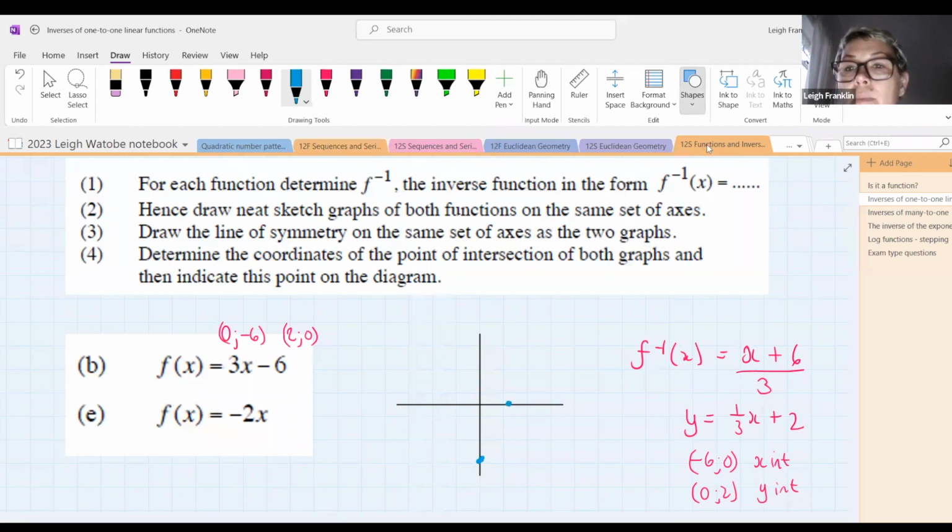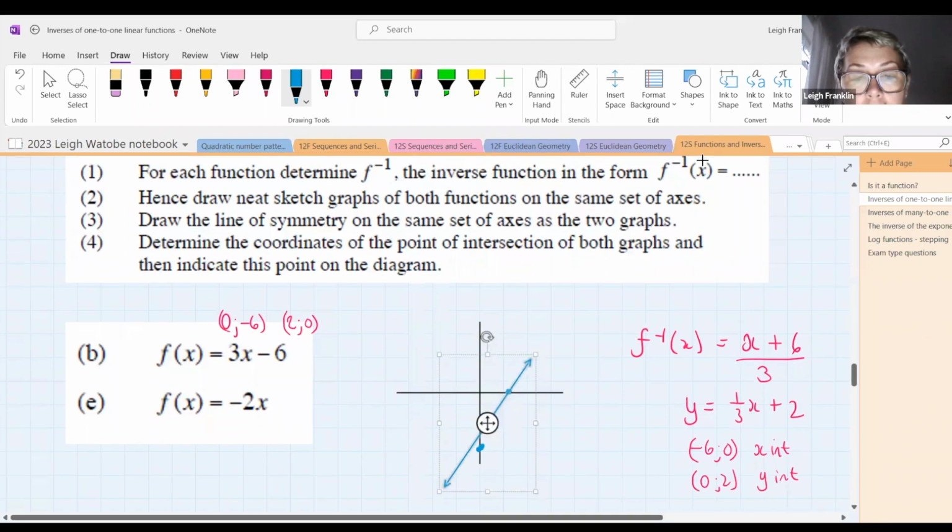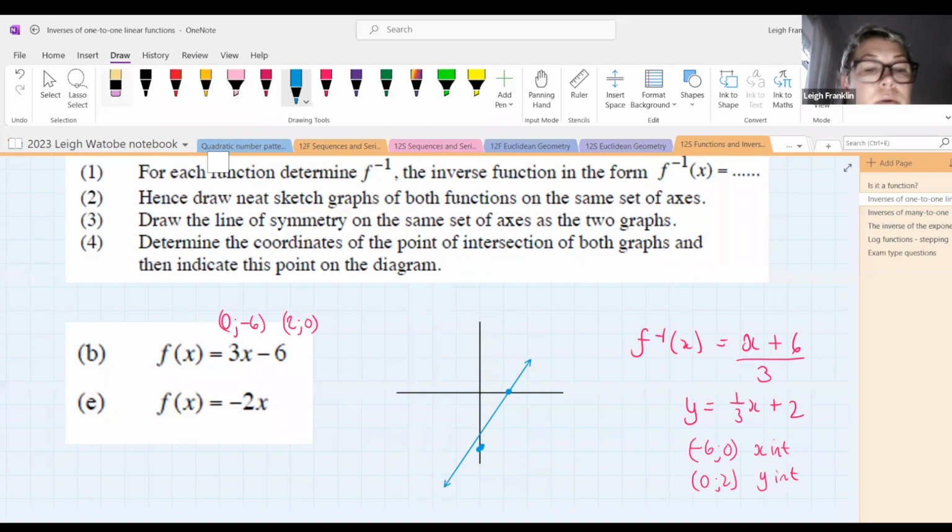So we can grab a straight line. That's negative 6, and that's 2 over there. Let's do the same with this one over here, in a different color. Now my x-intercept is there at negative 6, and my y-intercept is now at 2. That's going to be somewhere over there.